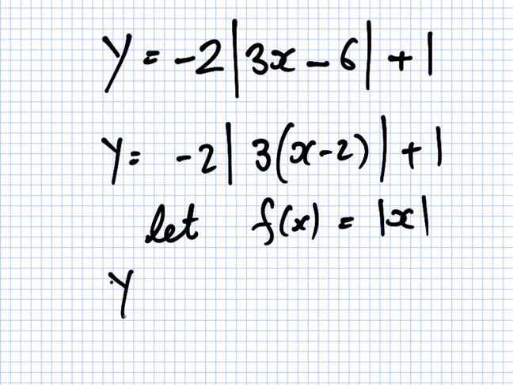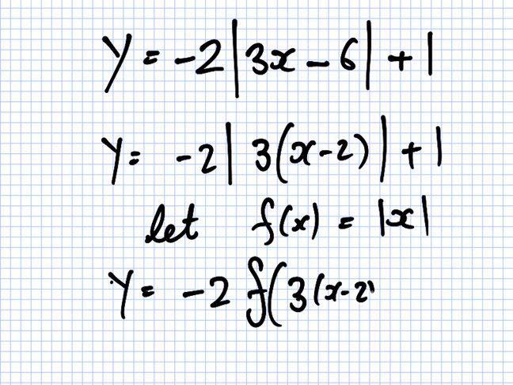So this would be y equals -2 f(3(x minus 2)) plus 1. So now it looks more like what you did yesterday. Now you know what the graph of this looks like. I just did it 1 minute ago. We know this graph. So we can transform this graph into this. Let's do that.